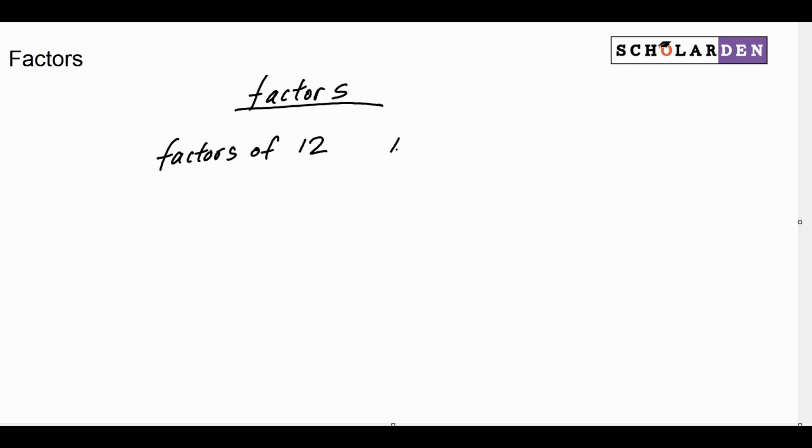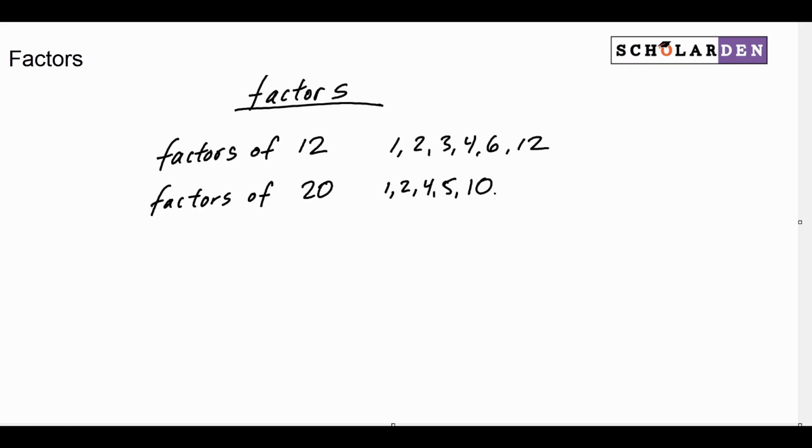And those are 1, 2, 3, 4, 6, and 12. All those numbers divide evenly into 12. How about the factors of 20? The factors of 20 are 1, 2, 4, 5, and 10. Well, and 20.